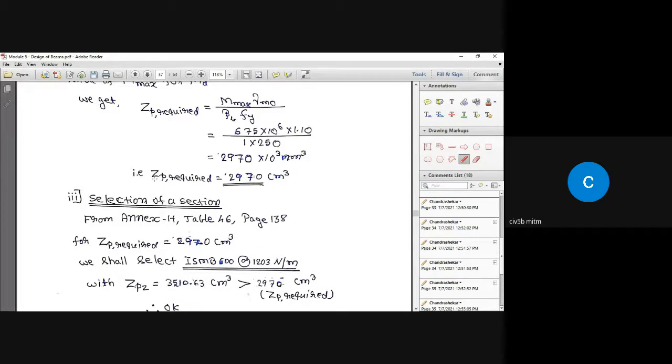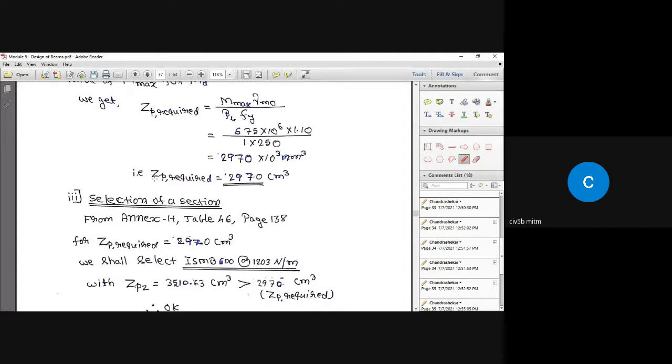I hope you are on that page. Turn the code book by 90 degree clockwise. Do you see that? Do you see the page, Annexure H? Plastic properties of beams.